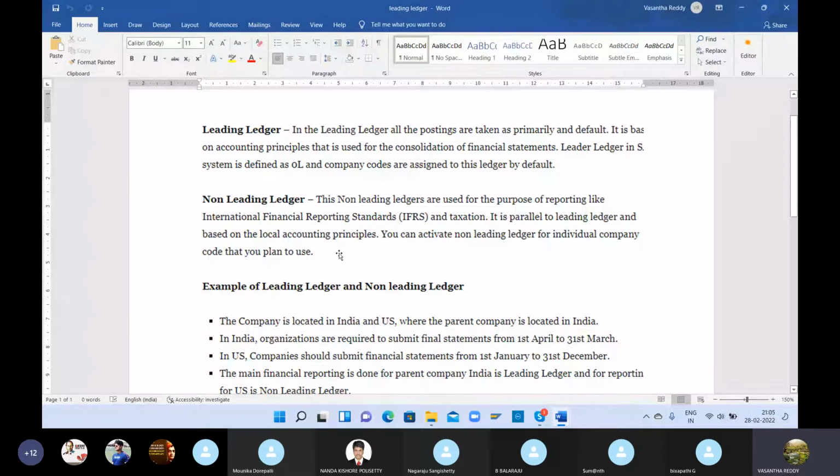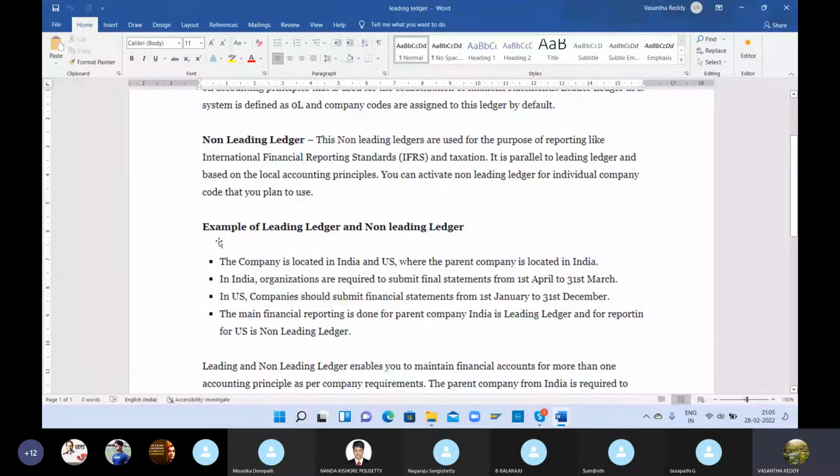For an example of non-leading ledger and leading ledger: the company is located in India and the US, where the parent company is located in India. Parent company means leading ledger. Leading ledger means the head office of the company.